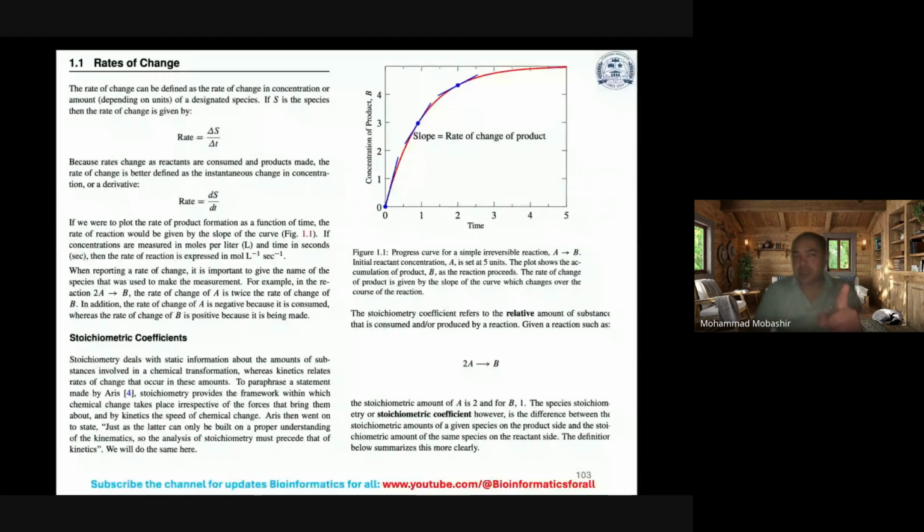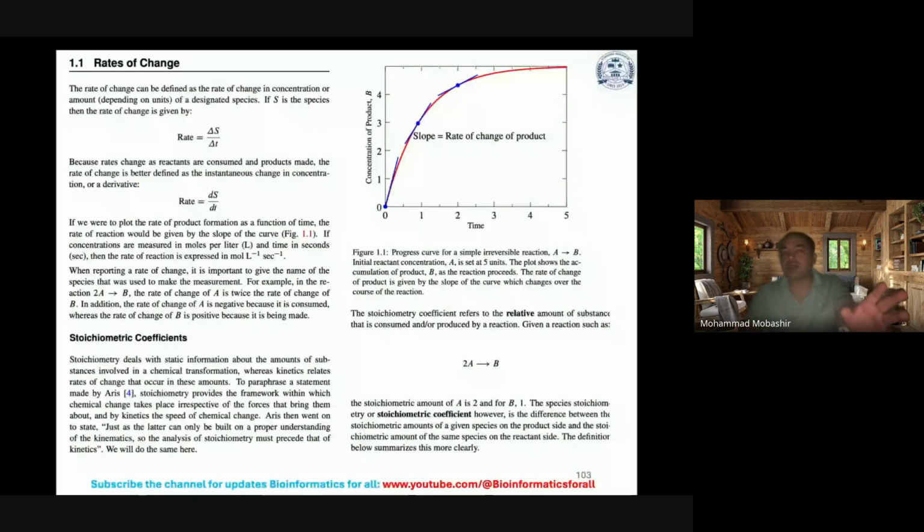So delta represents the change. So reactants rates change as reactants are consumed and products are made. The rate of change is better defined as instantaneous change in concentration, or a derivative, so rate equals dS upon dt. That's it.